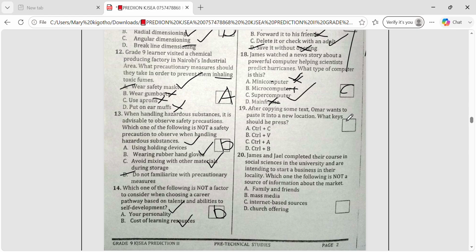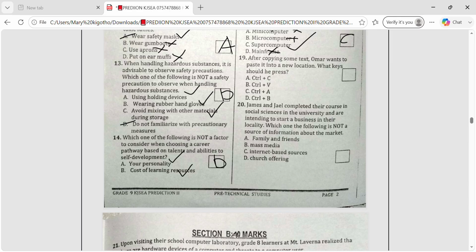Now let's continue. We go now to question number 19. After copying some text, Omar wants to paste it into a new location. What keys should he press? Control plus C, that is for copy.